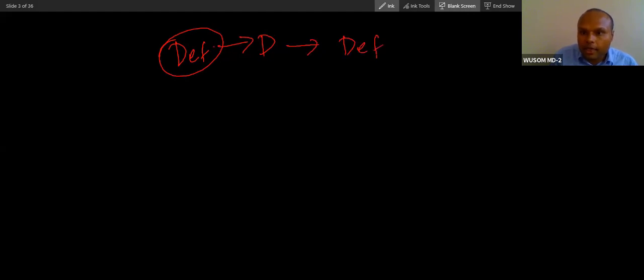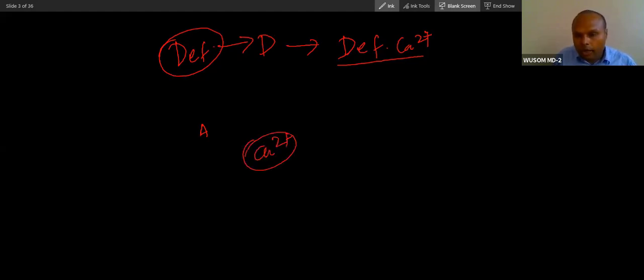Deficiency of vitamin D is equal to deficiency of calcium. Now I told you three functions: absorption of calcium, reabsorption of calcium, and then lysis of bone.